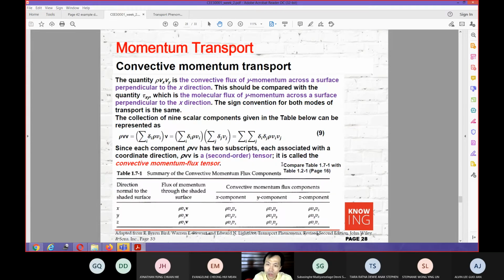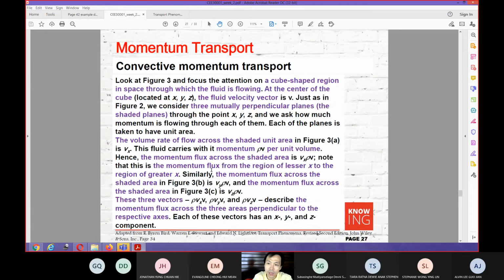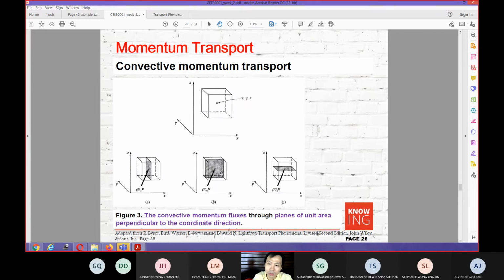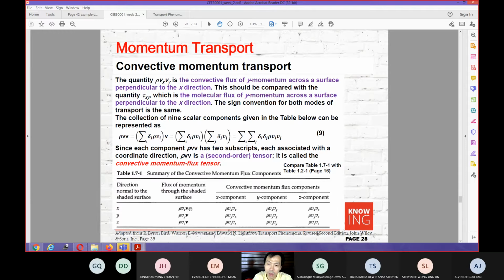At the end of the derivation, if you break down all these convective momentum components on directions 1, 2, and 3, you get this table. For the directions normal to x, you have three different vectors, and the same with y and z. This is called the convective momentum flux tensor.